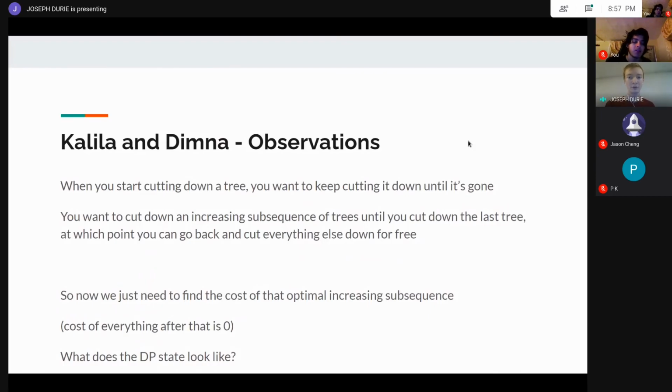This one comes out to probably the nicest DP state out of all the problems, which is weird because it's definitely the ugliest statement and setup, but it reduces down very nicely.